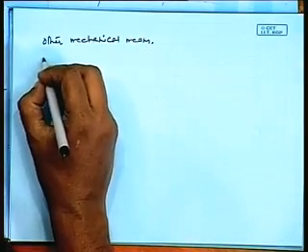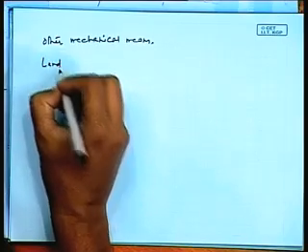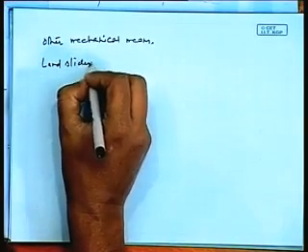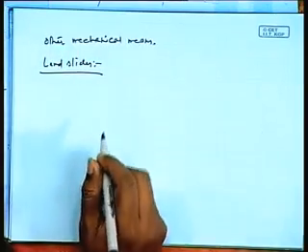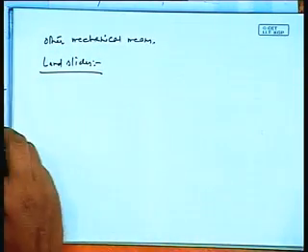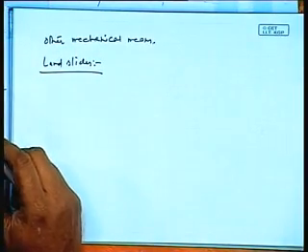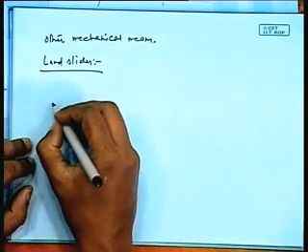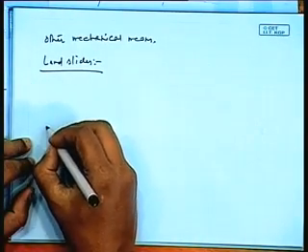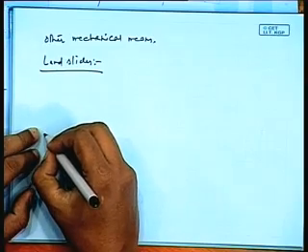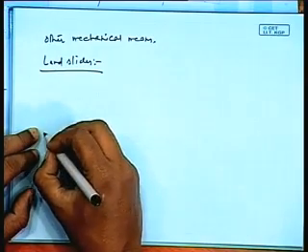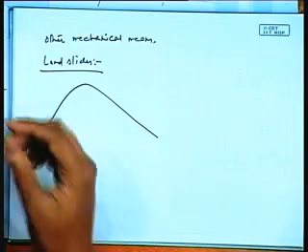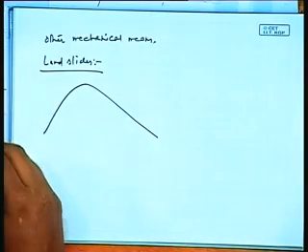Another important aspect is landslides. Landslides are somewhat different, in the sense that they are also related to denudation of forest, the cutting of trees, but there is some characteristic difference here.